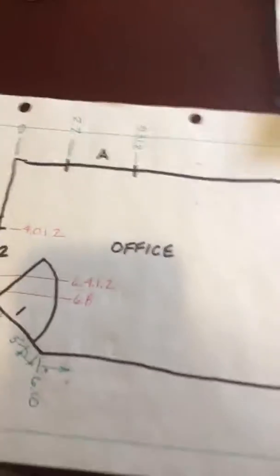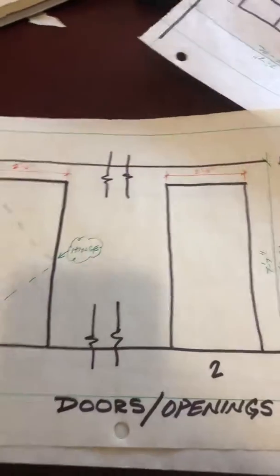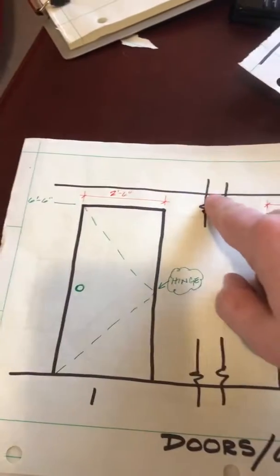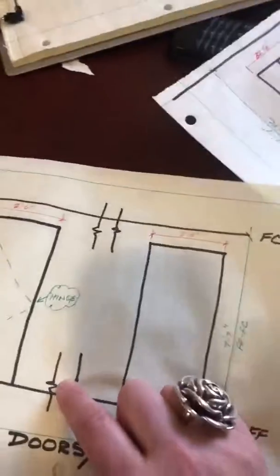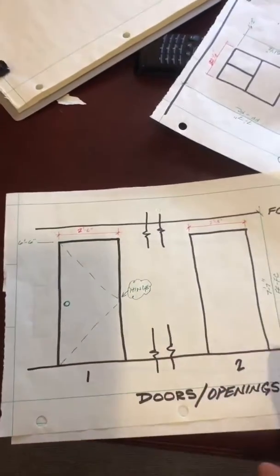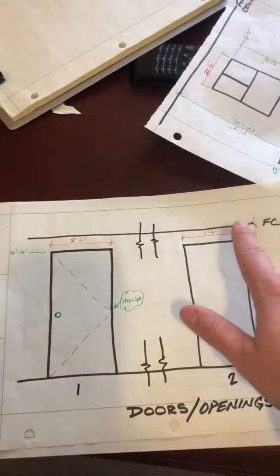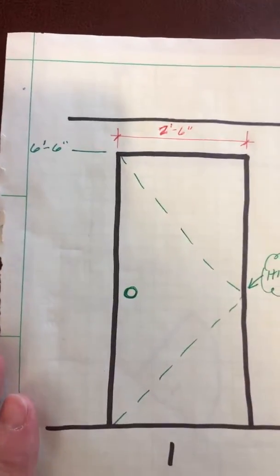Then I have my doors, 1 and 2, which I did on one sheet of paper. And these little lines here mean that these doors don't show up on the same wall. To save time, I drew one finished floor and one finished ceiling and recorded the height information for the door.